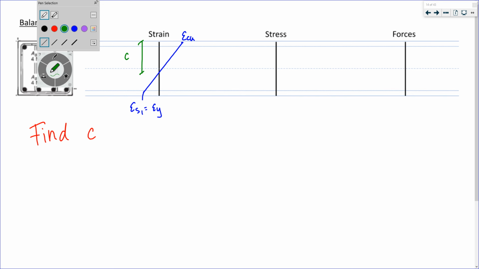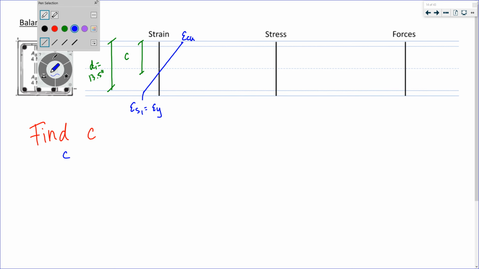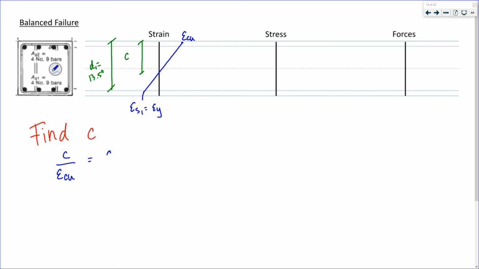This is d1, which is 13.5 inches. So c is to epsilon cu as d1 minus c is to the yield strain.